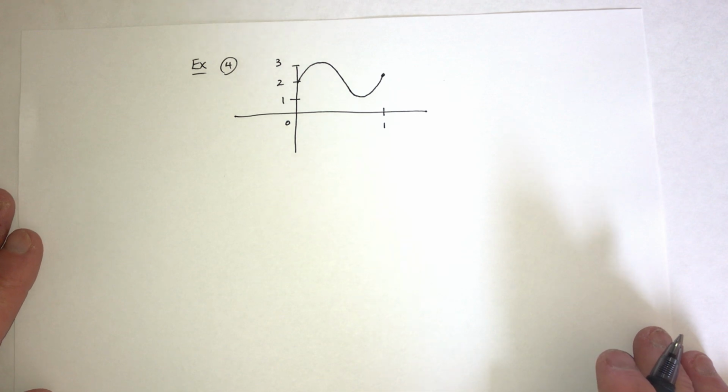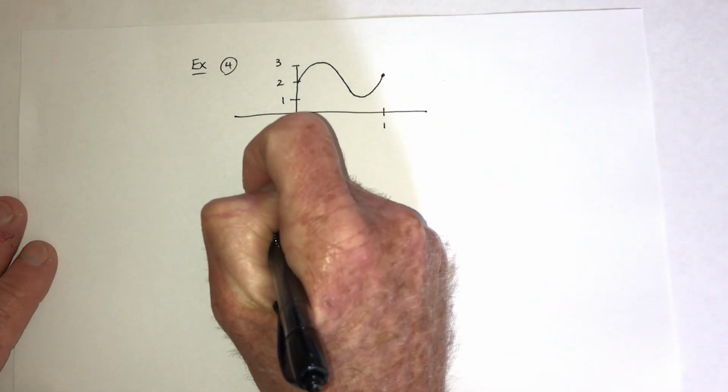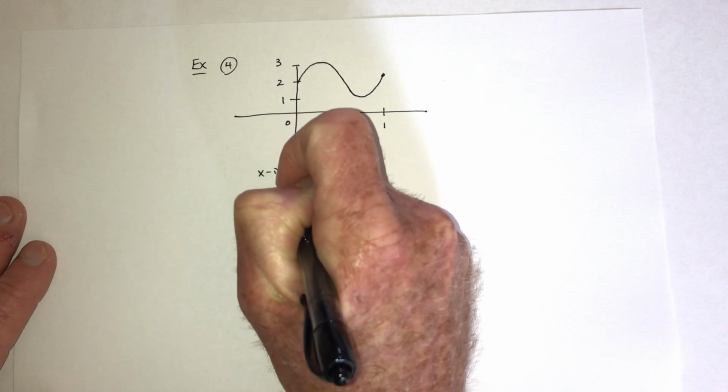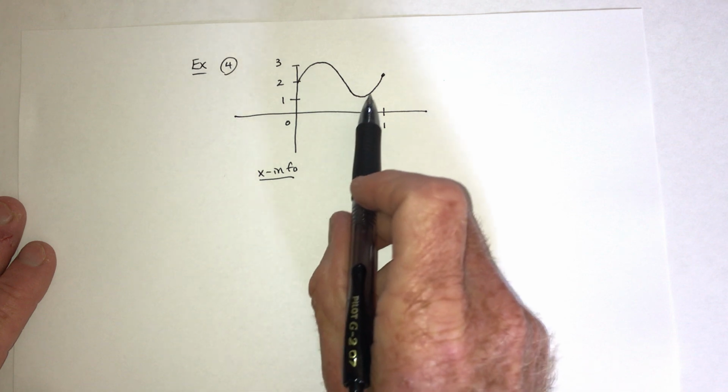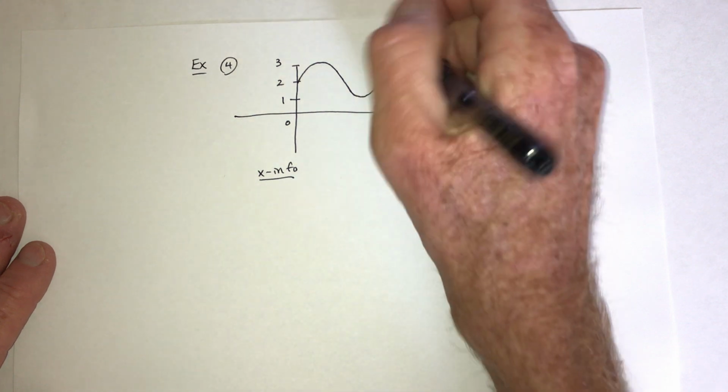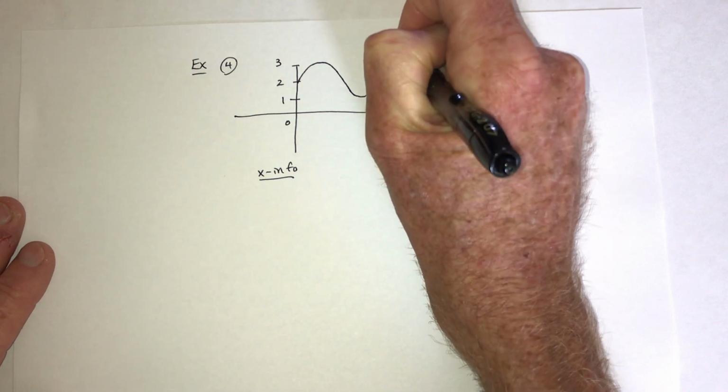So what was the function that created that? So first of all, for the x information. So this looks like one full cycle of sine. So I'm pretty sure that it's the sine graph.